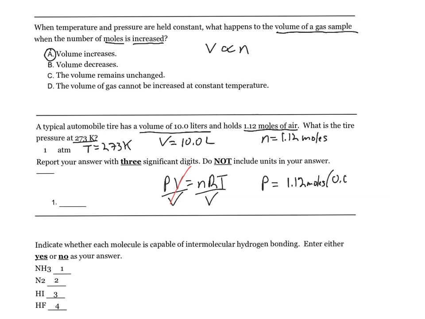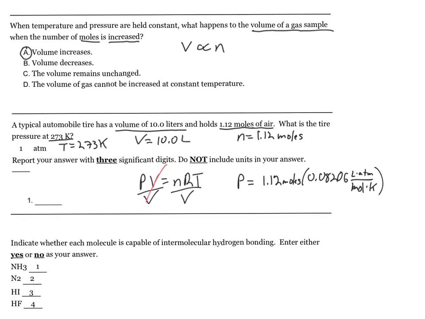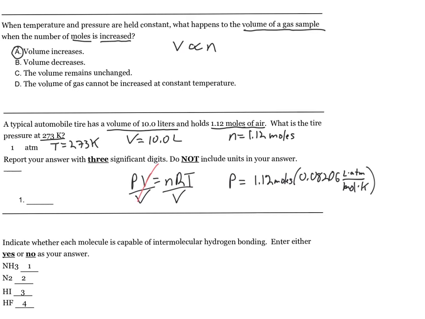R is a constant. It's on the periodic table that you'll be given for an exam, liters atmosphere per mole Kelvin. The temperature is 273 Kelvin. And the volume is 10 liters.